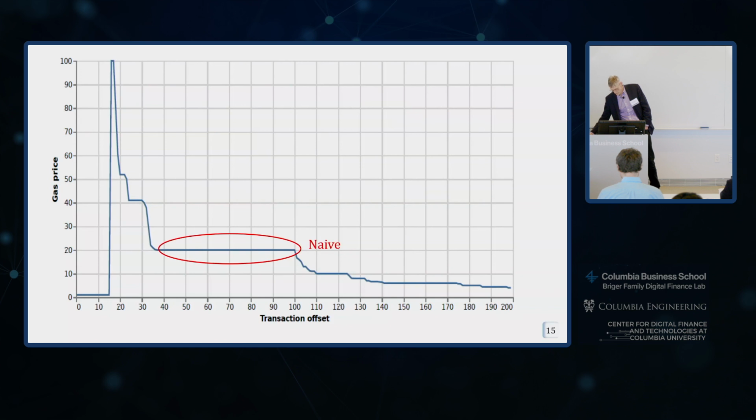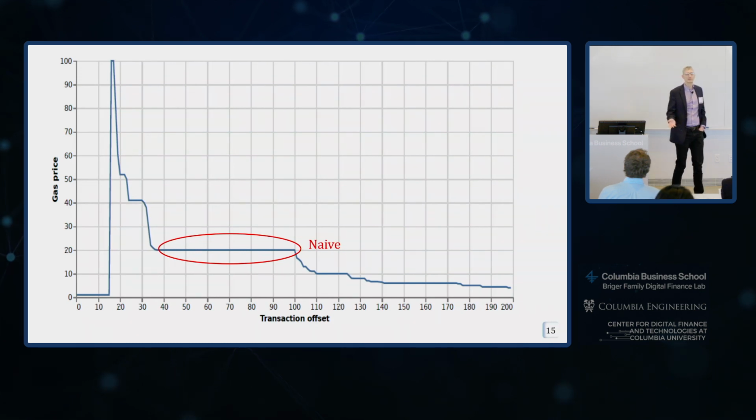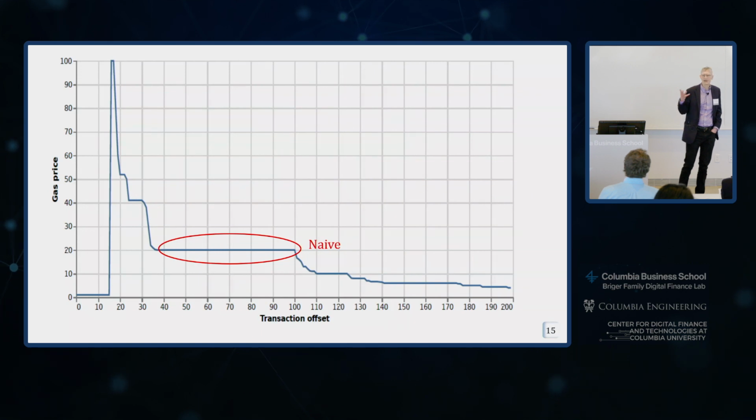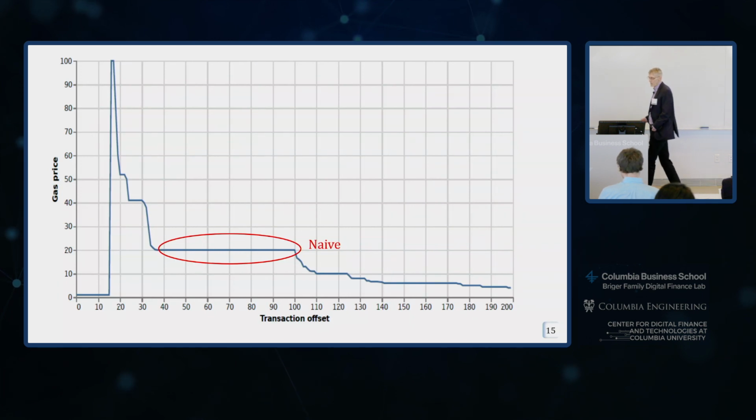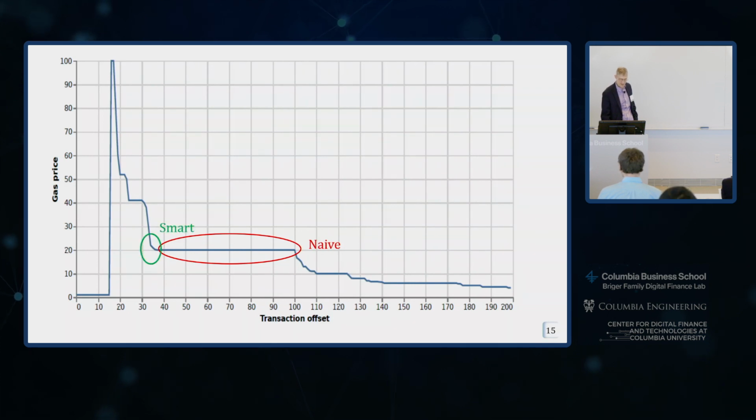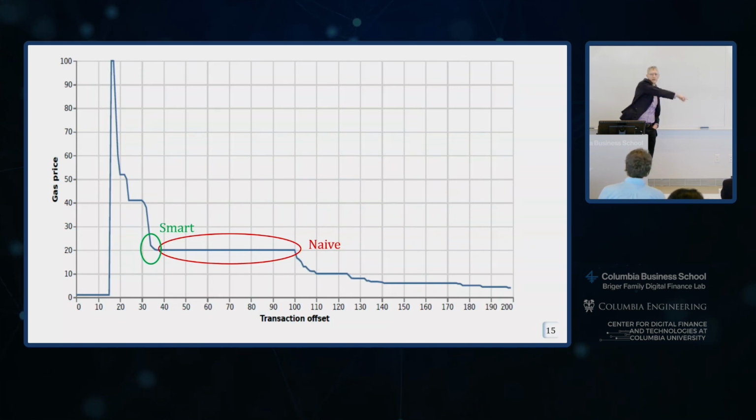Well, you look for these flat portions, okay, so there's a big flat segment at 20, there's another flat segment at 40, another at 50, and going in the other direction, one at 10. Now, when I run trading games in class, I see the clustering in the early rounds. Then what happens? A few people realize that, hey, I'm bidding 20, but if I were just to up that to 21, I'd go to the head of the queue.